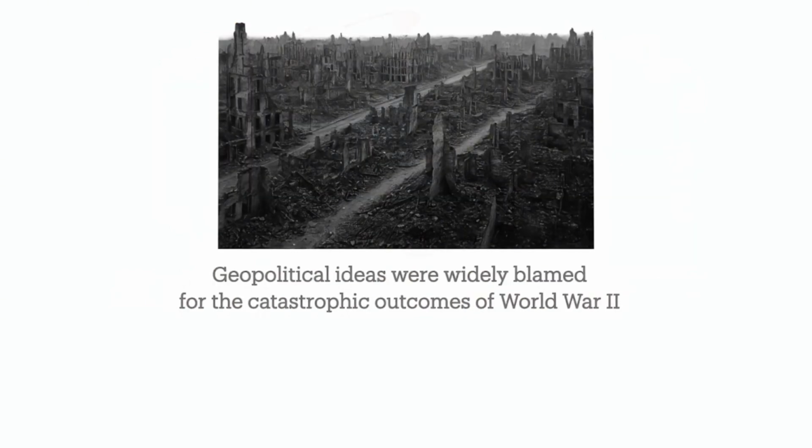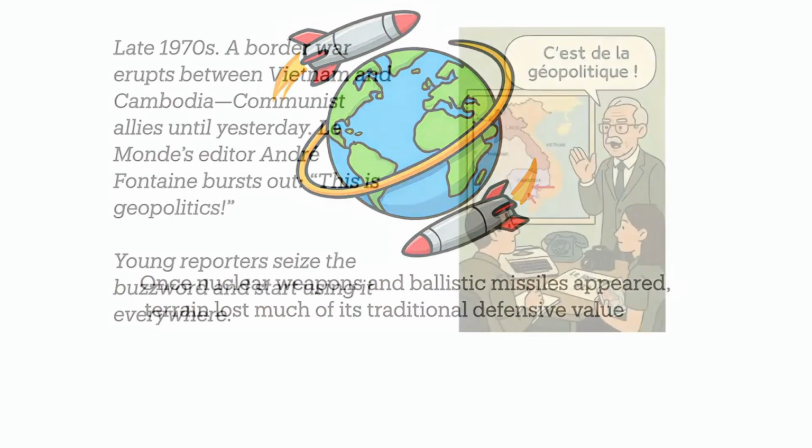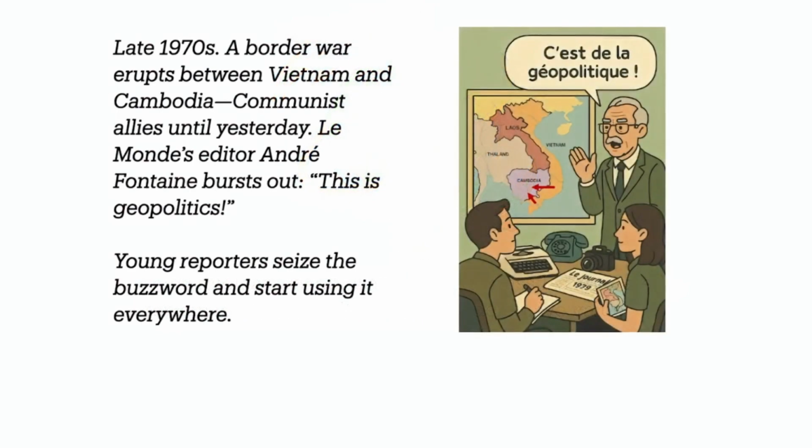Another reason was technical. Once nuclear weapons and ballistic missiles appeared, traditional ideas of defensible terrain seemed much less relevant. By the late 1970s, though, geopolitics returns, this time as a media buzzword used by journalists to describe almost any conflict over space and influence.